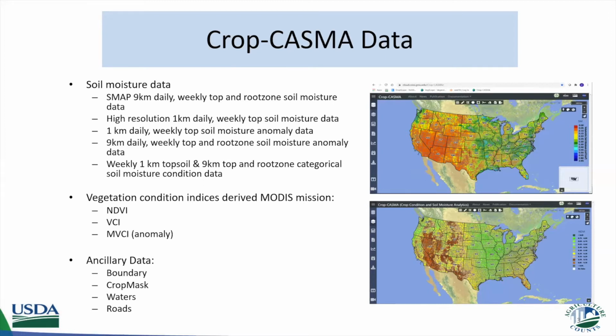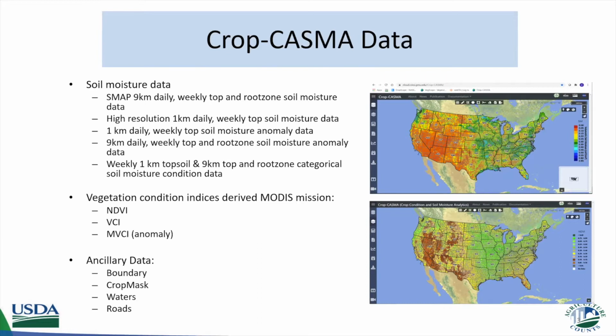Beyond that, we also did some processing and derived some derivative data products from these two soil moisture data products. So we derived daily and weekly L4 data, and also we developed daily and weekly 1-kilometer data.